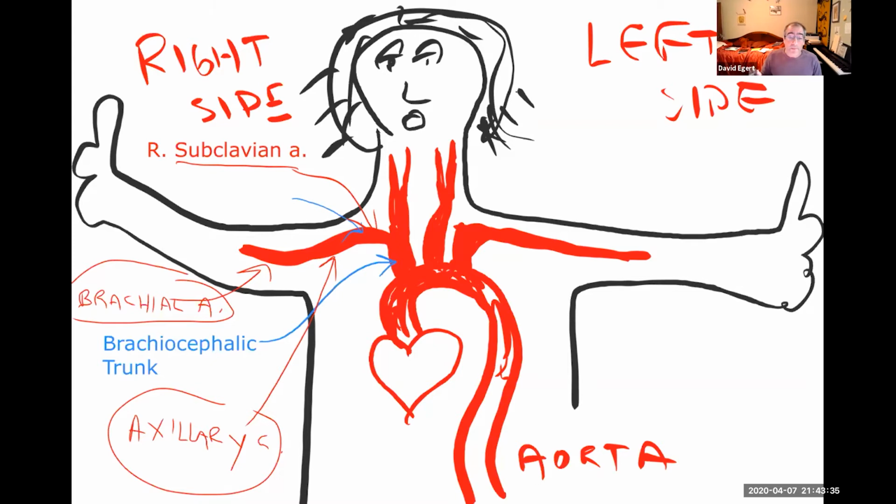On the left side, you have just its own independent thing going off. On the left side, we have the left subclavian artery that just comes directly off the aorta.